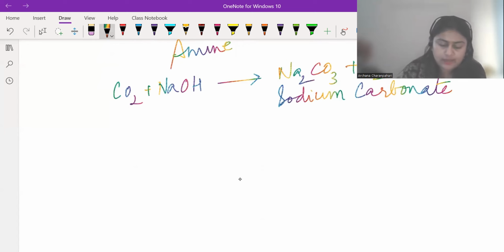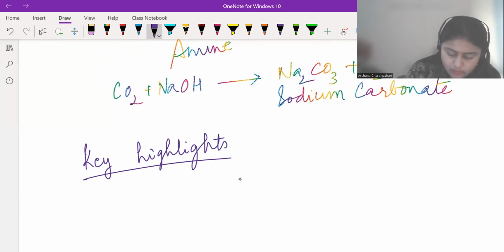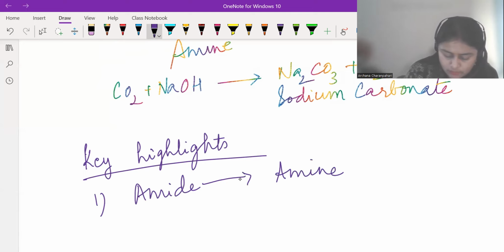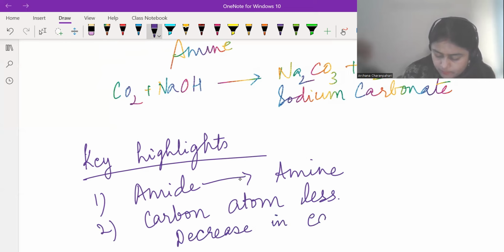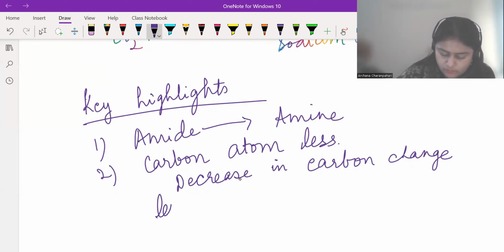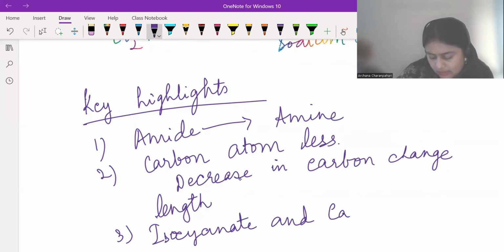Now the key highlights of this reaction are: amide to amine conversion with one carbon atom less, a decrease in carbon chain length. Third, most important is the formation of isocyanate and carbamic acid as intermediates.